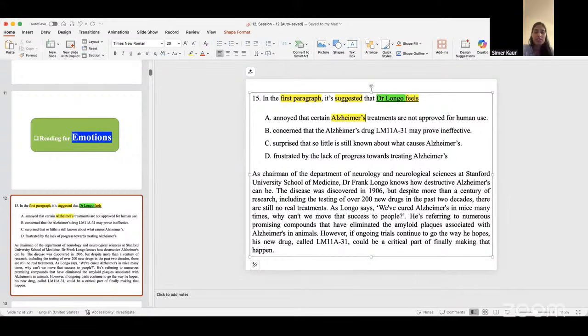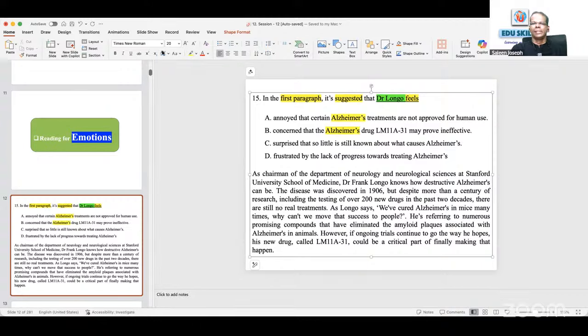All the four options have the same subject. Sometimes it may be different. So you have Alzheimer's here, Alzheimer's here. All the four options are speaking about Alzheimer's, so you cannot make any differentiation in the subject. Sometimes there will be different subjects. Now coming to differentiating hedging words.